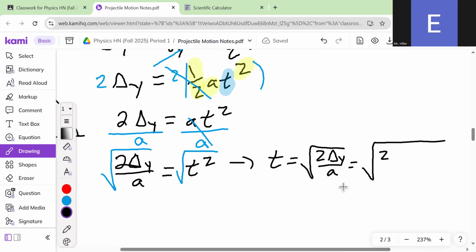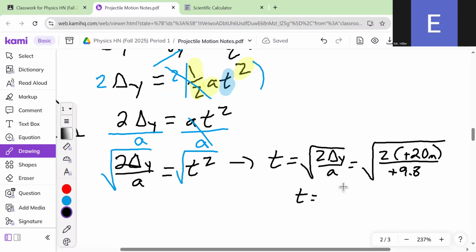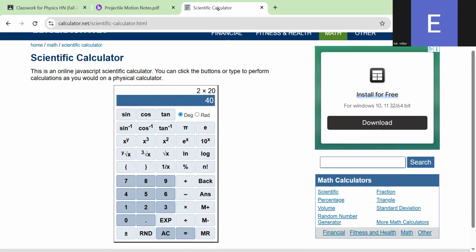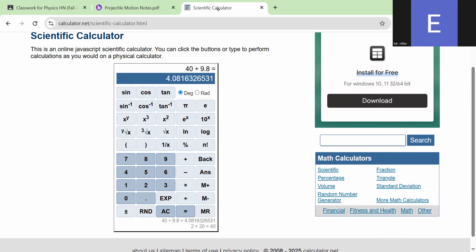Let's go ahead and plug into it. 2 times -20 divided by -9.8. Notice the negatives cancel, right? The reason I'm not worried about the -20 is because the negatives cancel each other, so I don't worry about them. So 2 times 20 divided by 9.8, and then I have to square root that.